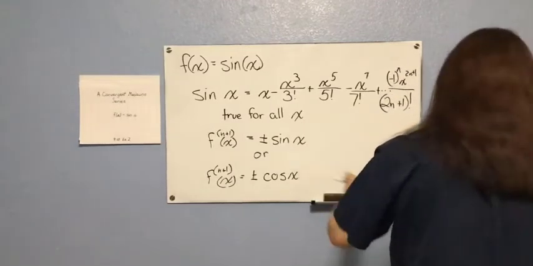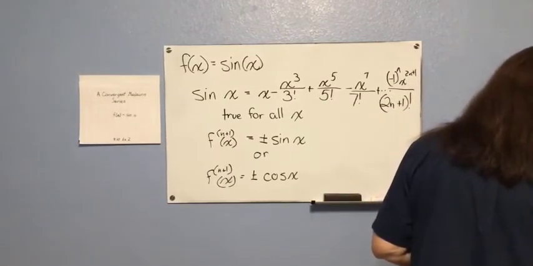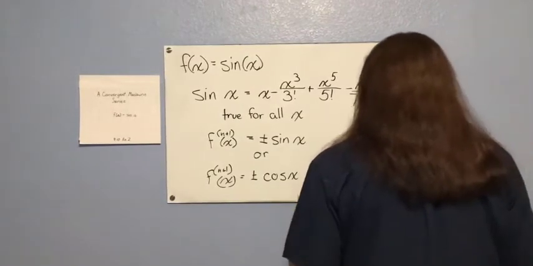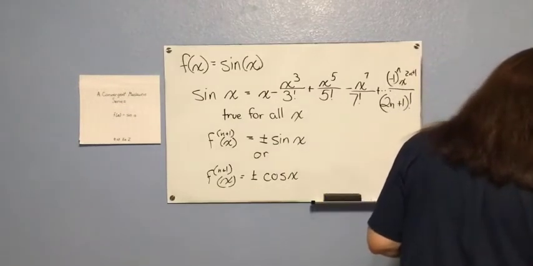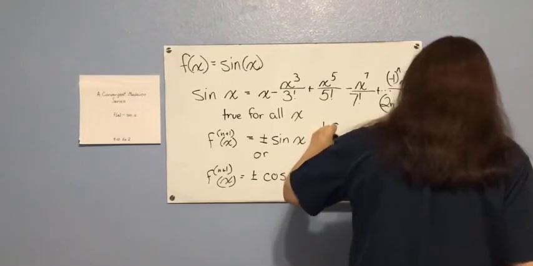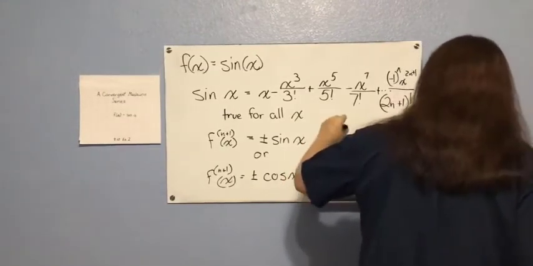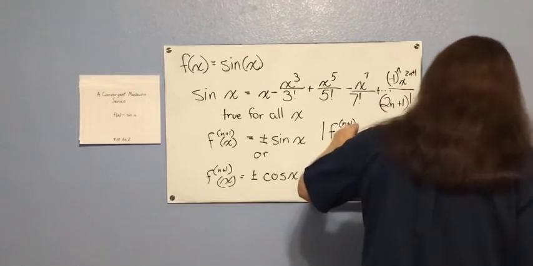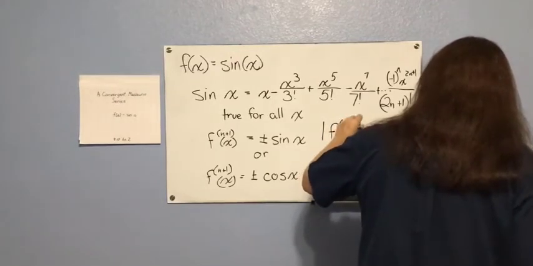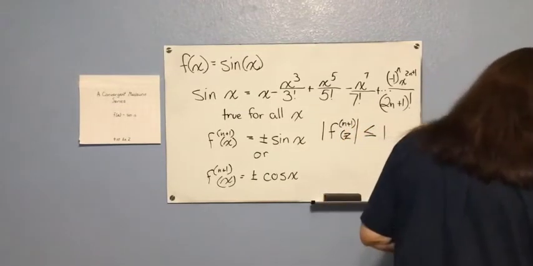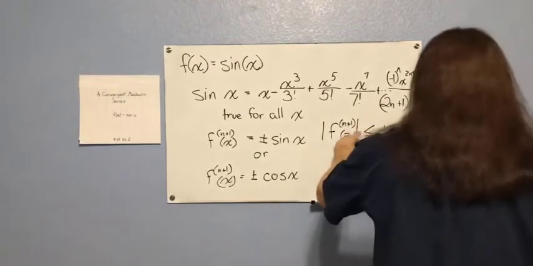Okay, those are our two possibilities. And since sine x and cosine x are both always less than or equal to 1, we could say that the absolute value of the n plus 1 derivative of z is always going to be less than or equal to 1 for every real number z.